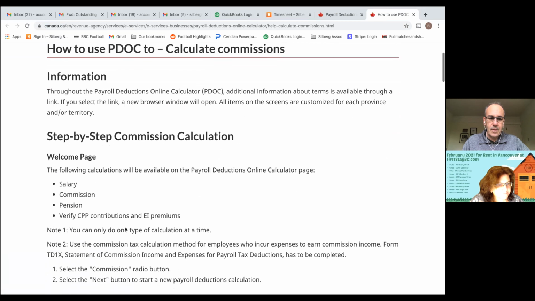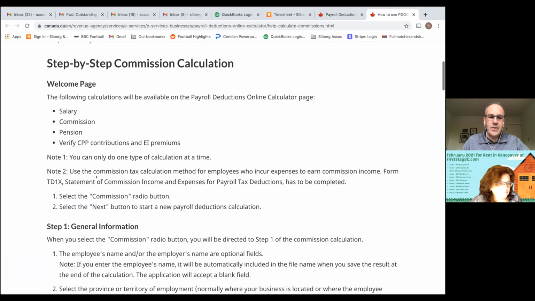Commissions. Oh, see, you can only do one calculation at a time. So if I calculate commissions, but commissions are just a total amount, right? Yeah. So let's see what happens when you do commission. For example, these two weeks he has 250 commission, and it was just this amount.